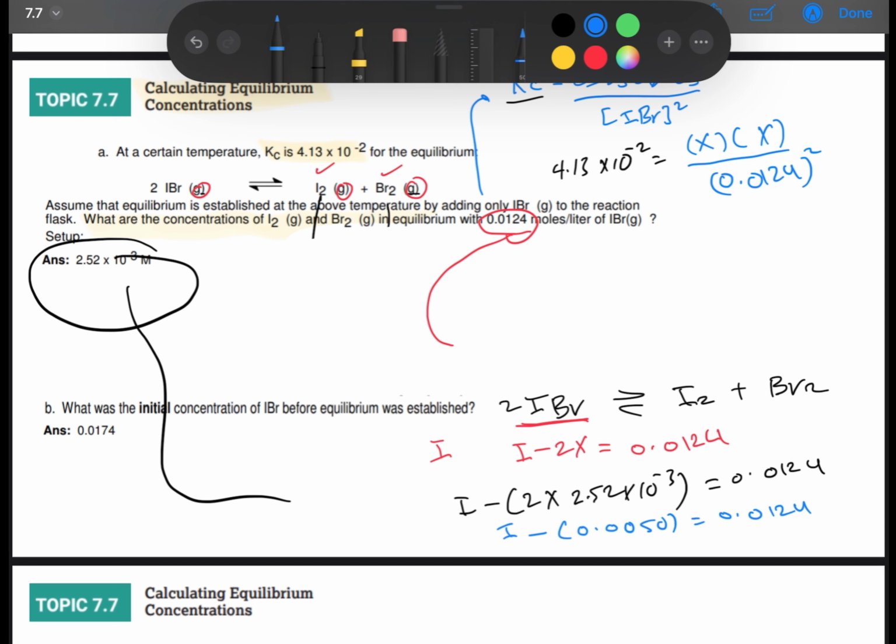And then I have to say plus 0.0050, and then you will end up with an answer of 0.0174. So the initial concentration of IBr was 0.0174, and then it started to decrease until it reaches the concentration at equilibrium, which is 0.0124.